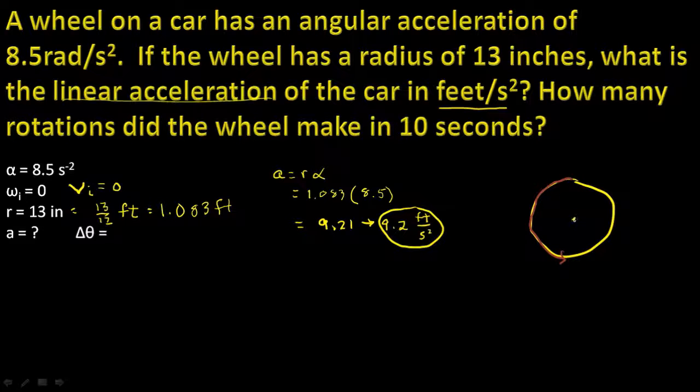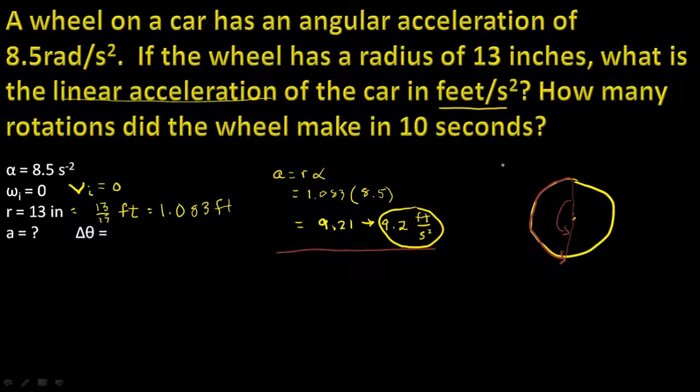The angle that it passes through is increasing faster and faster. That's alpha, the angular acceleration. And its actual movement, its speed, if it had a little speedometer on it, is also increasing at a rate of 9.2 feet per second squared. So that's how we do that.